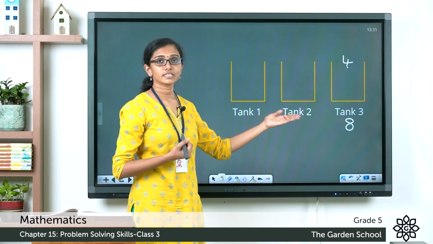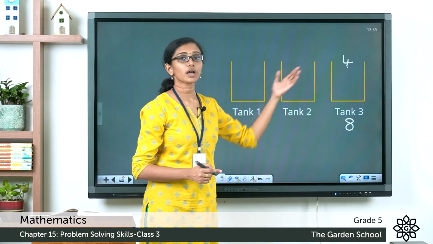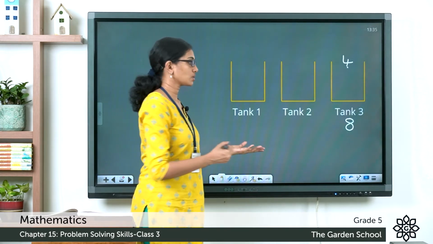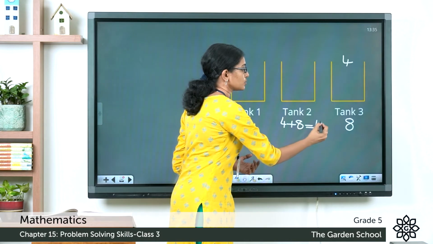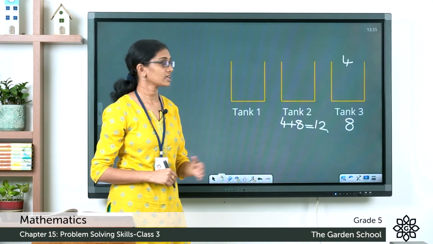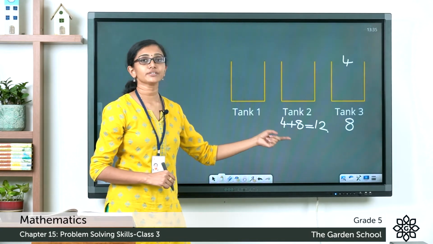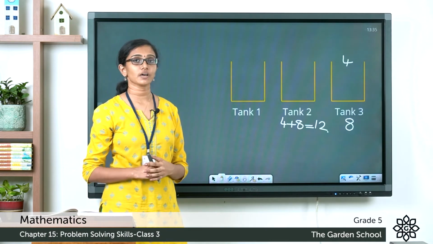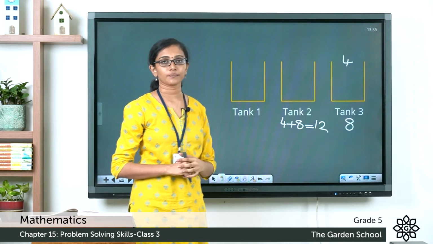So at tank 2, she must have had 4 plus 8 flowers, that is equal to 12. So at tank 2, she must have had 12 flowers, out of which she gave away 8 to a little girl. Then she was left with 4 flowers with which she moved to tank 3.